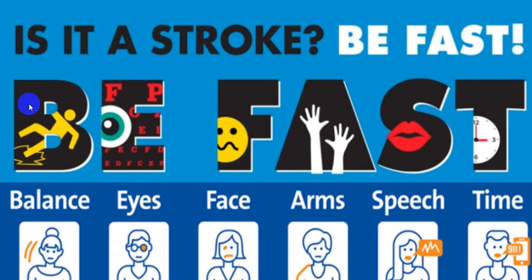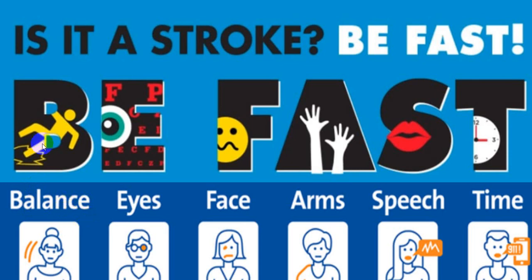There is another which is called BE FAST, where F remains the same for face examination, A remains for arm examination, S remains for speech, and T remains for time. But in BE, there are an additional two words which are being added. B is for balance. If there is a one-sided hemiplegia or hemiparesis, the person will usually not be able to stand erect.